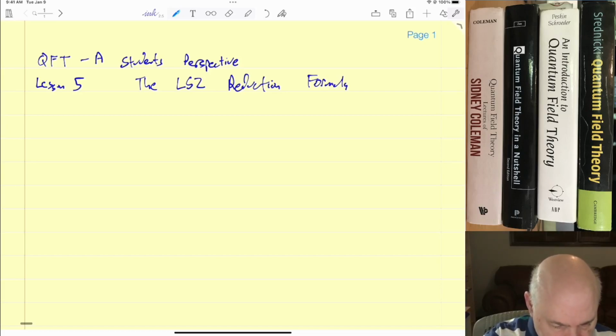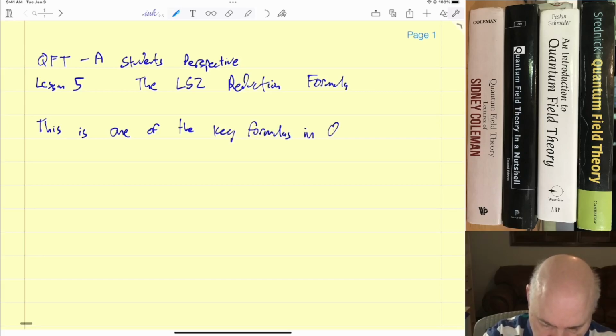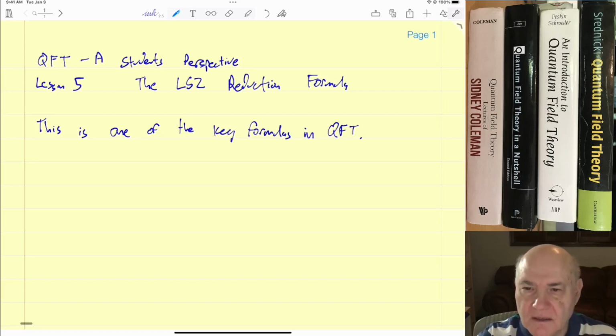Now, this is one of the key formulas in QFT, and Srednicki treats it a little earlier than they do in most books on QFT.